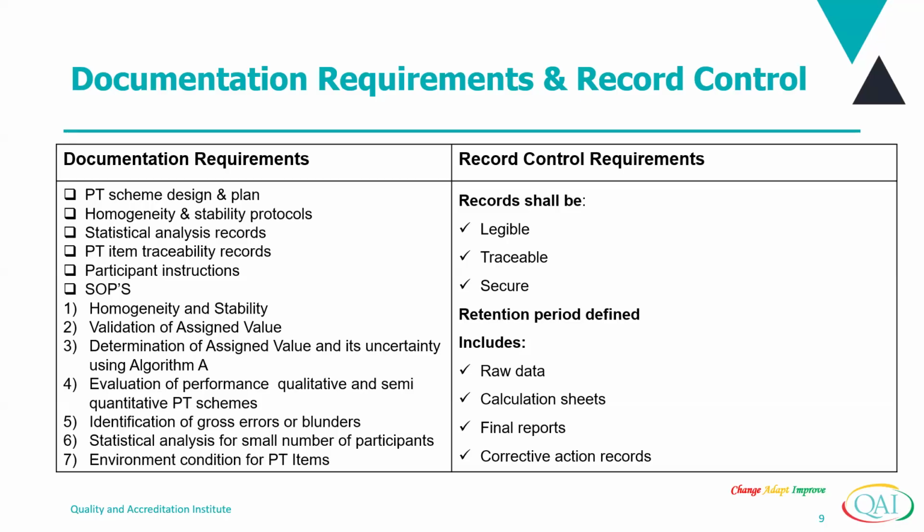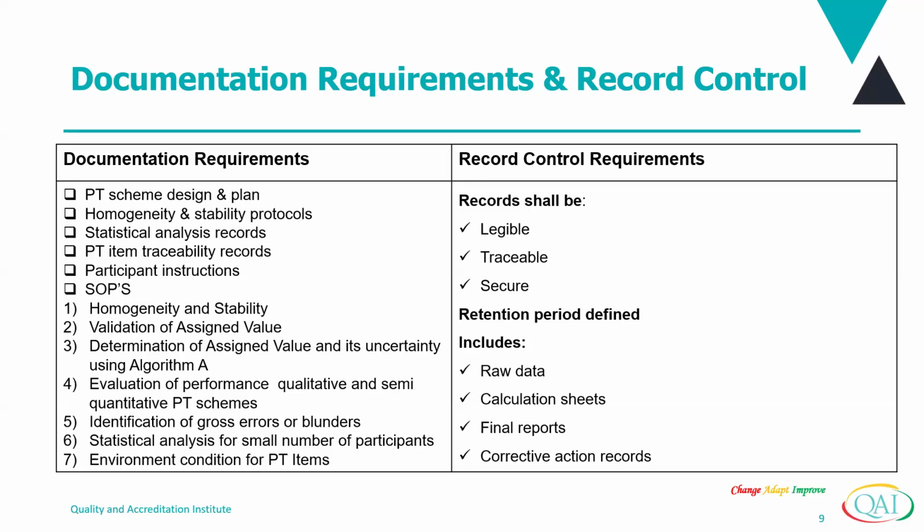We must be clear on how to go for homogeneity, what the criteria for homogeneity would be, and in which cases you will go for stability with the criteria, and the formulas as per 1352 with the reference for how you will calculate the stability. These things should be very clear to your PT team or your statisticians or technical manager.